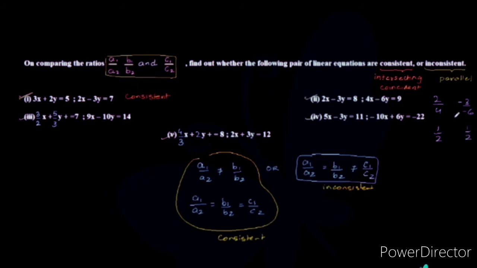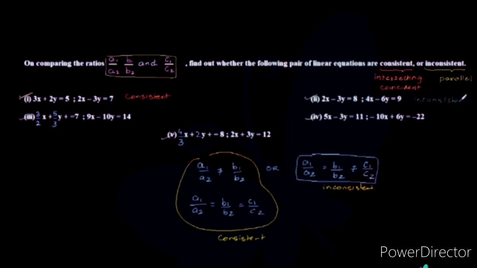What do we see, guys? Yes, a1 upon a2 is equal to b1 upon b2, but together they are not equal to c1 upon c2. I think you know this case arises when the lines are parallel to one another, and therefore the system is inconsistent. You cannot solve for x and y. So this is inconsistent.